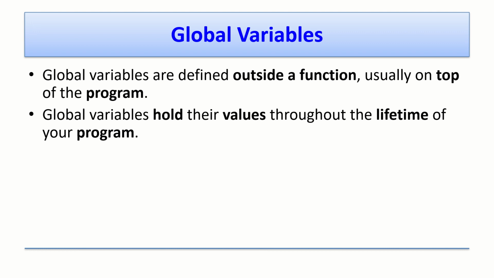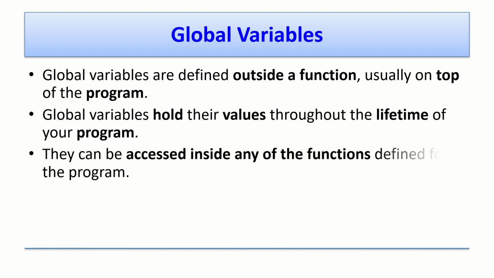So global variables hold their values throughout the lifetime of our program, right? If you assign a value to the global variable, that value is held throughout the lifetime of our program. So they can be accessed inside any of the functions defined for the program.